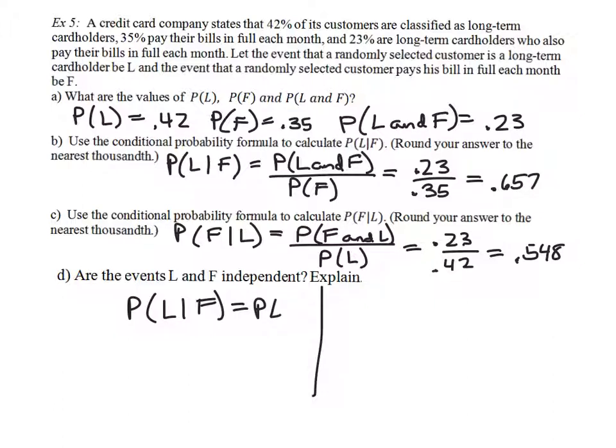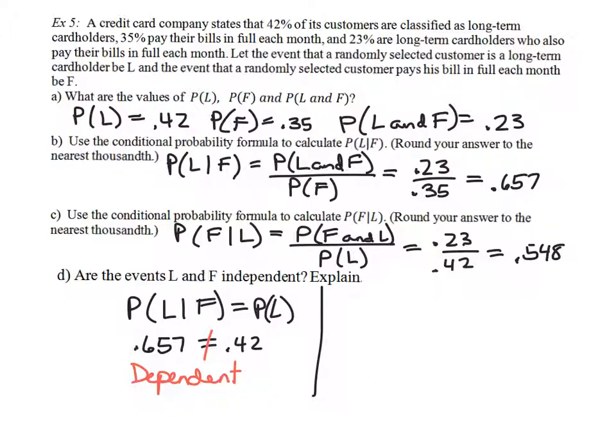When I look at these numbers, P of L given F is 0.657, but P of L is equal to 0.42. Clearly, they are not equal to each other. So right there, that tells me that these events must be dependent. They are not independent events.